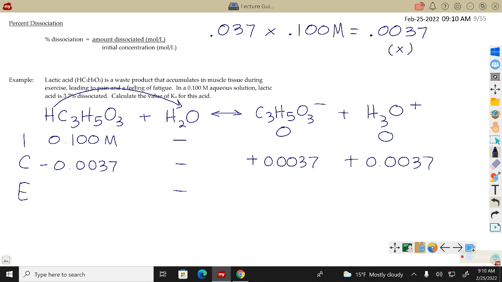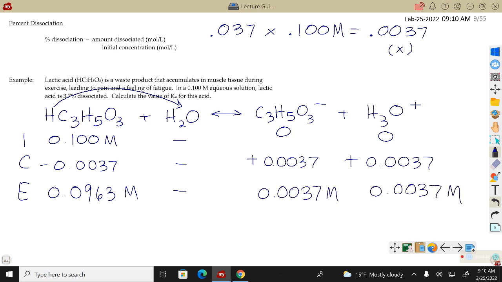So now all I got to do is add and subtract. So I got 0.0963. I can put that in as molarity, moles per liter. And these guys will just be 0.0037 and 0.0037. Well, look at that.